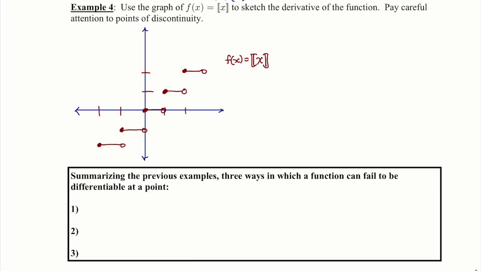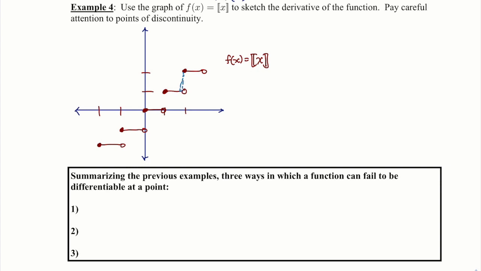So what we can see here is that these steps all have slope 0. Right? So we'll have slope 0. I shouldn't have filled that in. Anywhere that's on the interior of a step. But if we think about trying to do a tangent line as we move from the left side of any one of these jump points, we're going to get values for the slopes that are very steep, right?